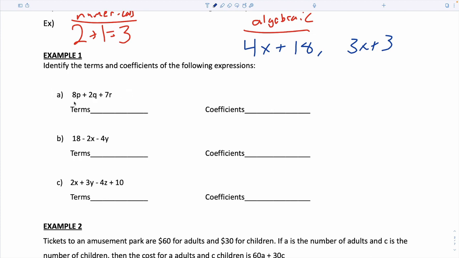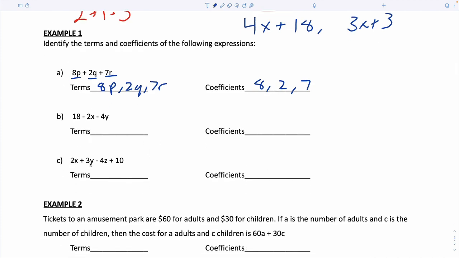When you look at this thing, there are going to be some terms and some coefficients. Your terms are all the things separated by a plus sign or minus sign. 8p, 2q, and 7r. Those are all your terms. They're the entire sections that you're adding up. Your coefficient is not the variable. Coefficients are attached, and it's 8, 2, and 7.